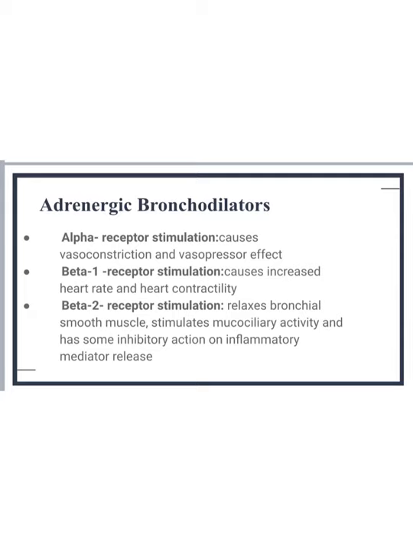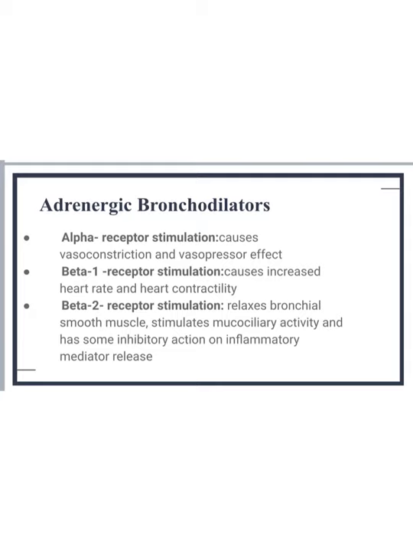So a vasopressor effect would increase blood pressure. So alpha receptors, we deal more with those with cardiac drugs. Beta 1 receptor stimulation is going to cause an increase in heart rate and heart contractility. So we will also talk more about cardiac drugs in advanced pharm.